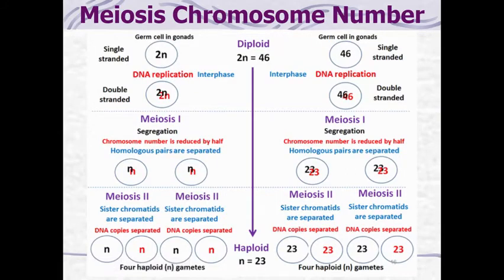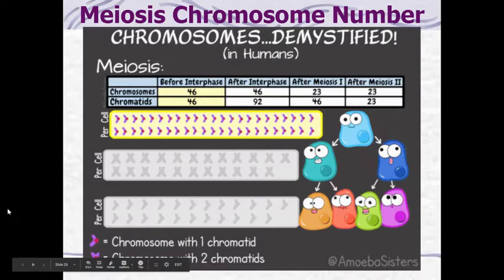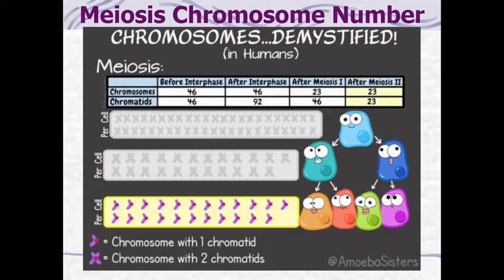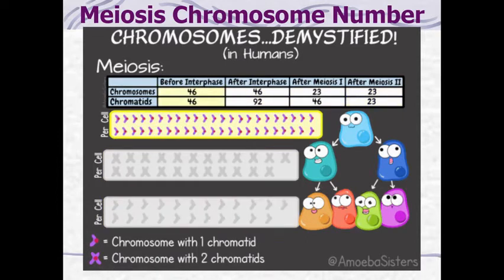This is showing that same information as well, how the chromosome number changes throughout the stages of meiosis. And this again is also showing the chromosome number situation in meiosis.